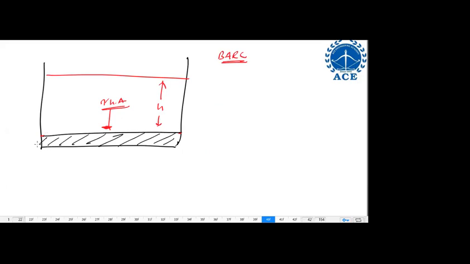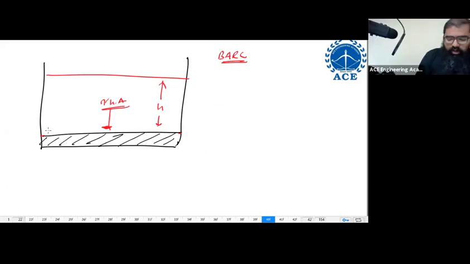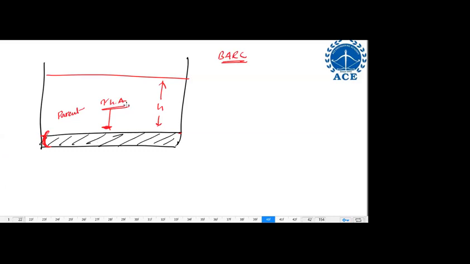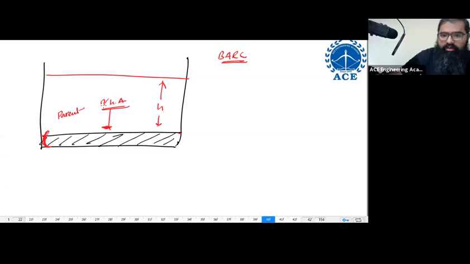Imagine if the fluid is able to go below and is in continuous contact with the parent fluid. Then this body has technically displaced the fluid. But right now, is it displacing the fluid? No. That is why there is no buoyancy. It is just gamma into h multiplied by area. This is just hydrostatic force on the bottom plate.